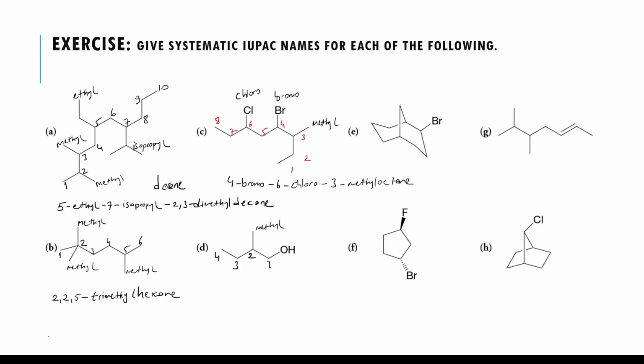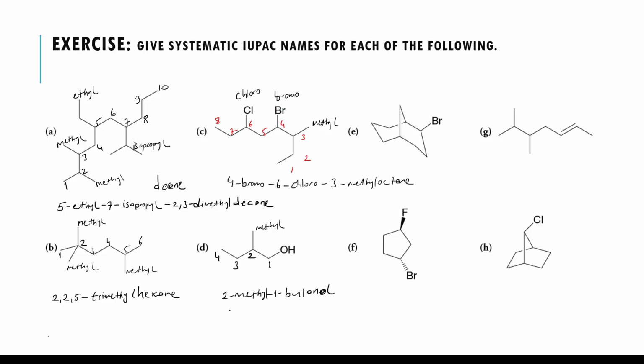So 4 is butane, but since this is an alcohol, it is going to be butanol. The alcohol is at the first carbon, so this is 1-butanol, and this is 2-methyl butanol. So let's write 2-methyl-1-butanol.